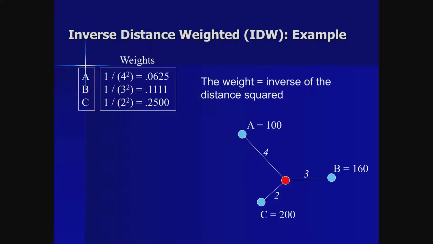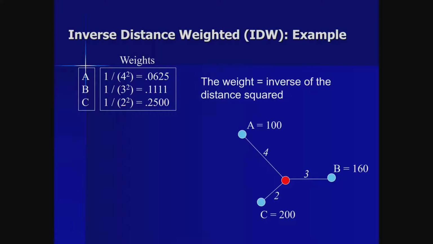So one way to think about this is to look at the weights first, because that is the bottom part of the equation here. So calculating out the weights, we're going to get a value from the center of this cell up to A as 4. So the weight for this point is this number, 0.0642, because it is the distance squared, and it's the inverse of that distance.